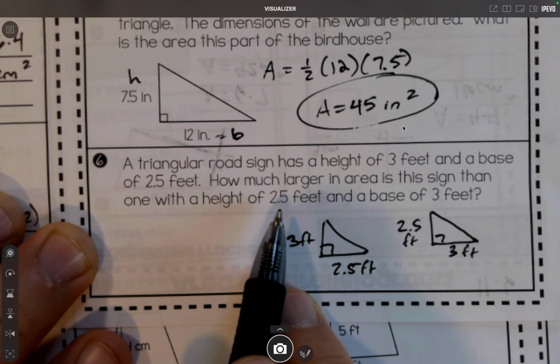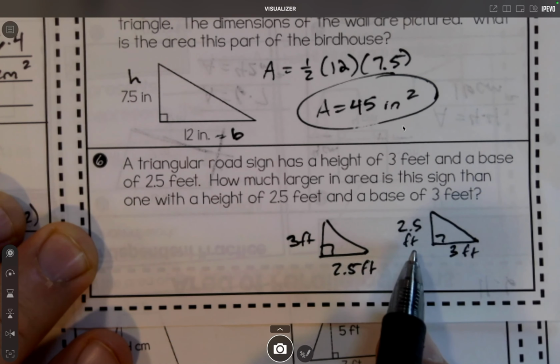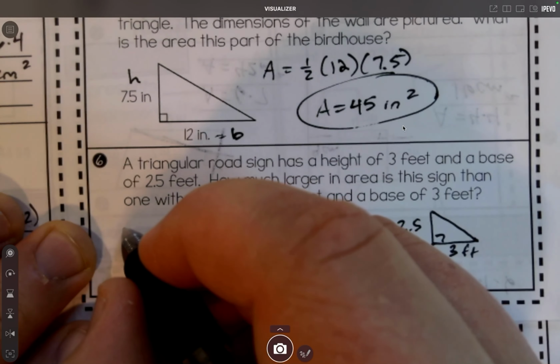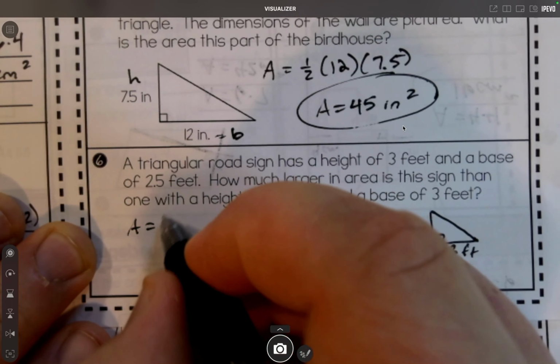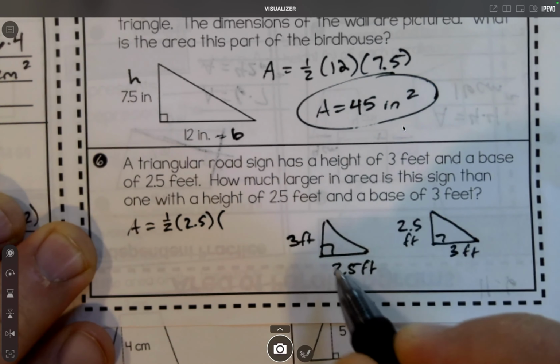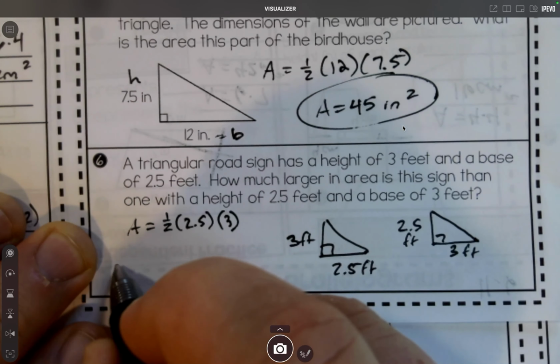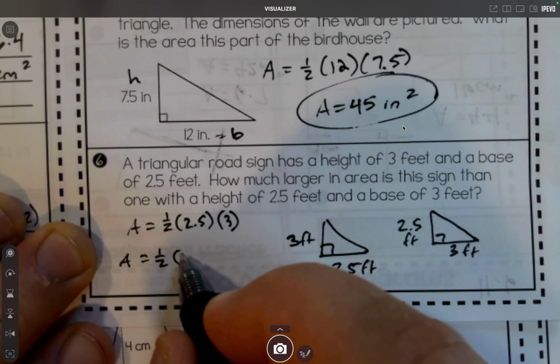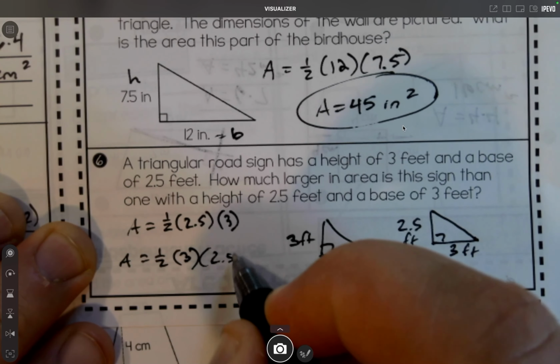How much larger in area is this sign than the one with a height of 2.5 feet and a base of 3 feet? Well, let's just write the formulas for this. This one we do half times the base, 2.5, times the height, 3. And for this one, we do half times the base, 3, times the height, 2.5.